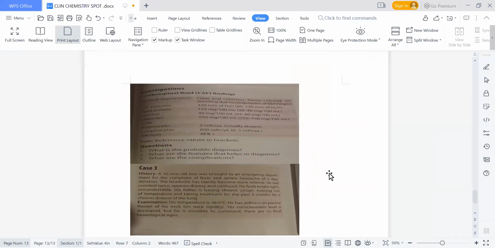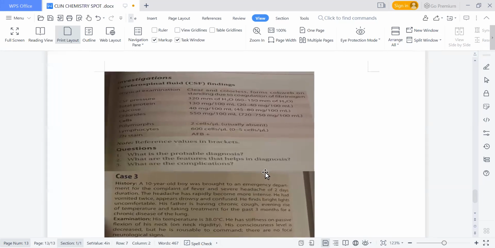And the last question here, just going through the investigations, the physical exam, the CSF is clear and colorless, but forms cobweb on standing. The CSF pressure is increased, total protein increased, glucose slightly decreased, and chlorides are decreased. On microscopy, there were few polymorphs present, lymphocytes were significantly increased, and Ziehl-Neelsen staining was positive for acid-fast bacilli.